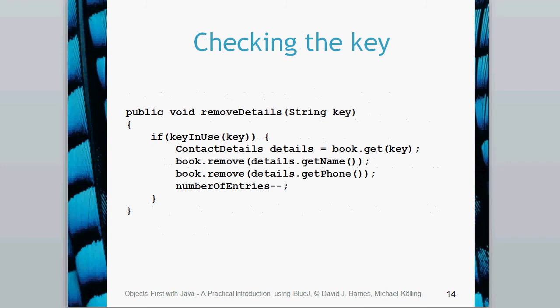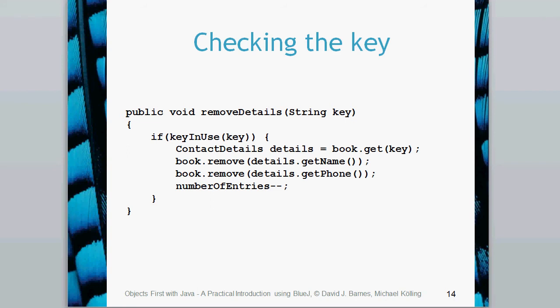So in answer to one of the questions there is looking at the particular key. Previously the remove details method in the address book project didn't have any details to check if the parameter was actually in use. The parameter which is provided to the remove details method is the string key.